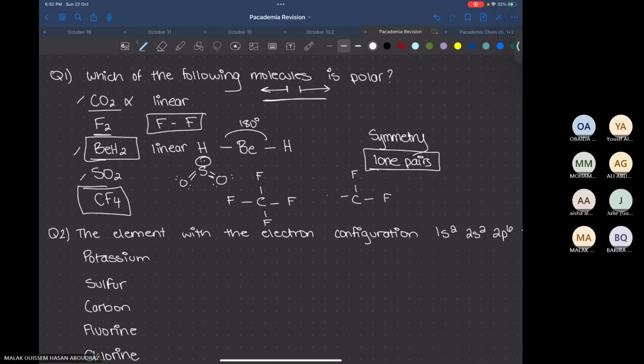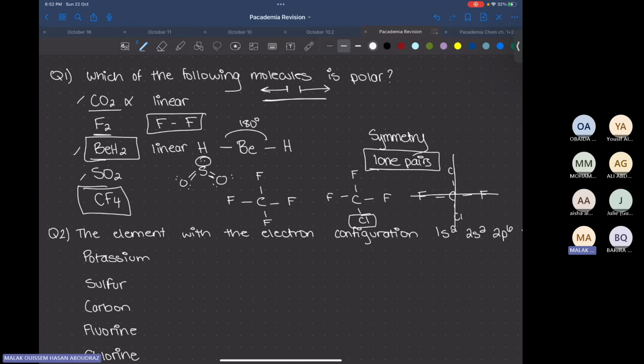But if I give you guys something like this, for example, is this polar or non-polar? Polar, because I have the Cl here. It's not symmetrical anymore. But this one, for example, non-polar. It's also non-polar because this cancels out each other and this cancels out each other.